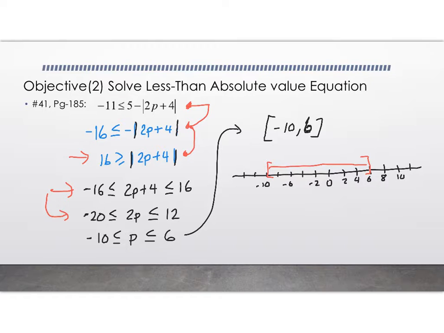And now I can divide through both inequalities by 2, and we get -10 less than or equal to p less than or equal to 6. So our solution is an interval between -10 and 6. It's every number between -10 and 6.